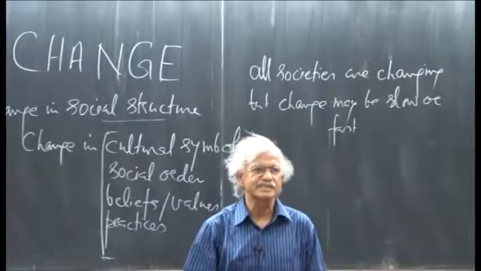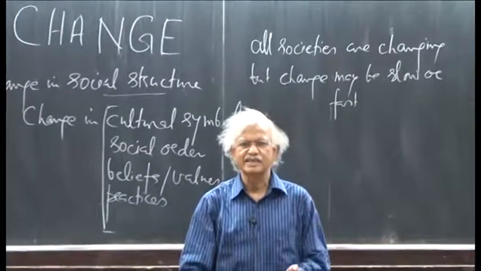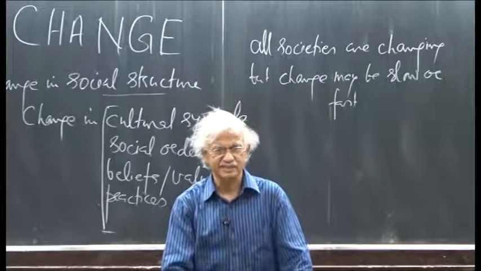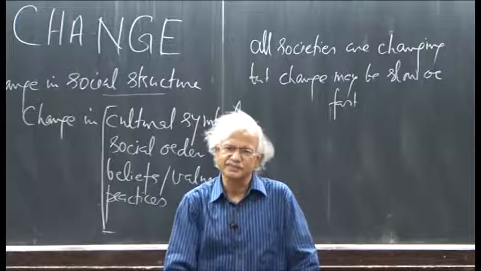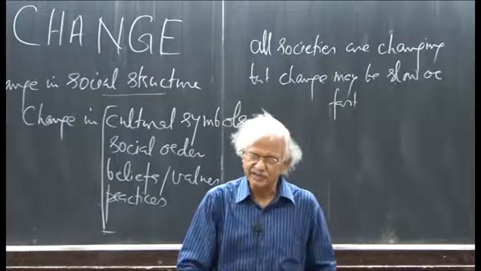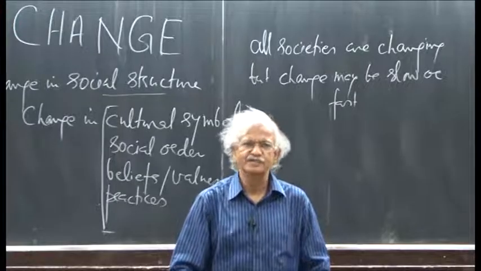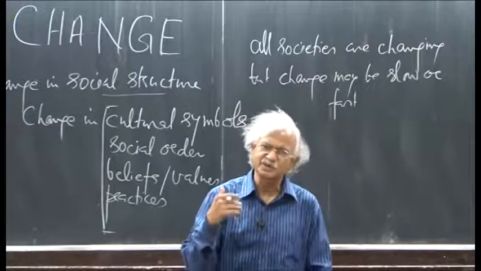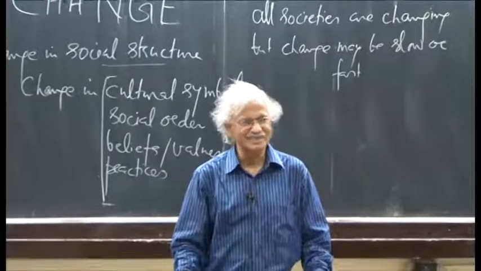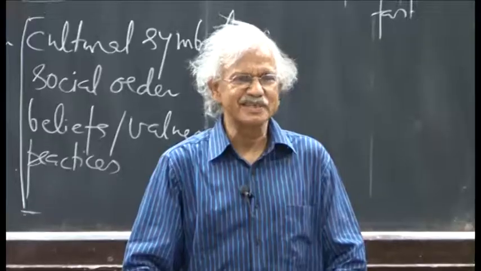Sometimes social change takes place at such a slow pace that you may not recognize that society is changing. But sometimes change is very fast, and we say that we are passing through a period of transition. Many Indians today say that we are passing through a period of transition.